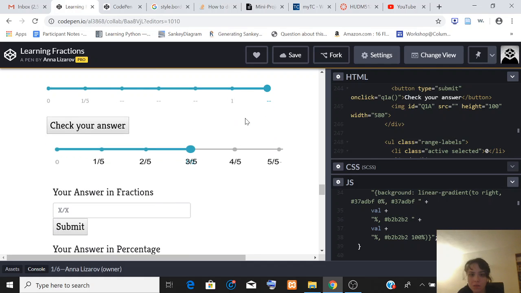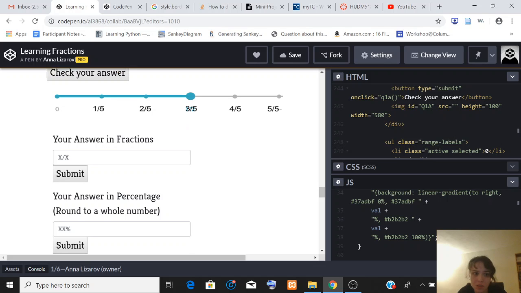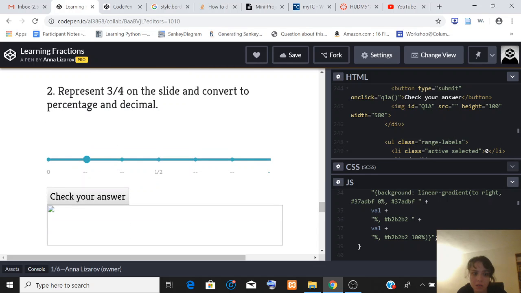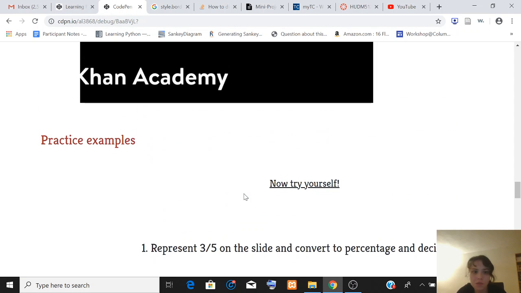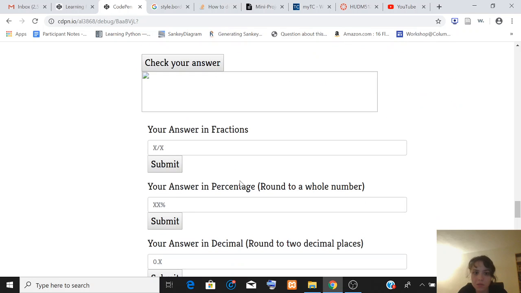Another functionality we added was the actual responses to the questions at the practice problems. So how do we make it interactive? For instance, for question 1, represent 3/5 on the slide. The first part asks to represent it in fractions.